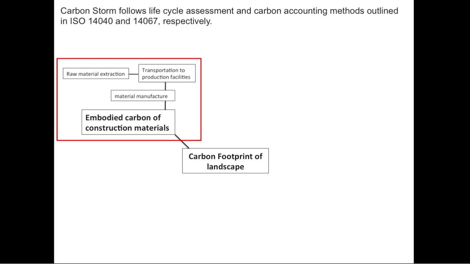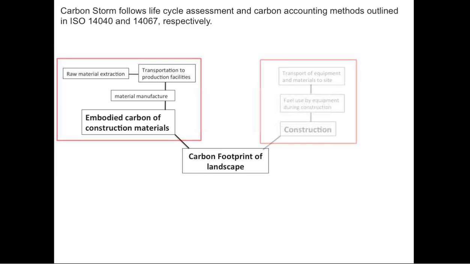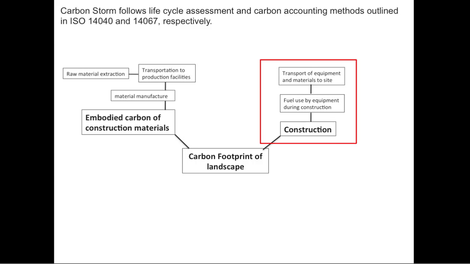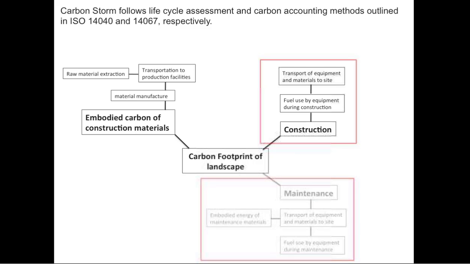In the next life cycle phase of these landscape elements, we consider the construction emissions, which would be both fuel used by equipment during construction as well as that consumed in transporting equipment and materials to the site.